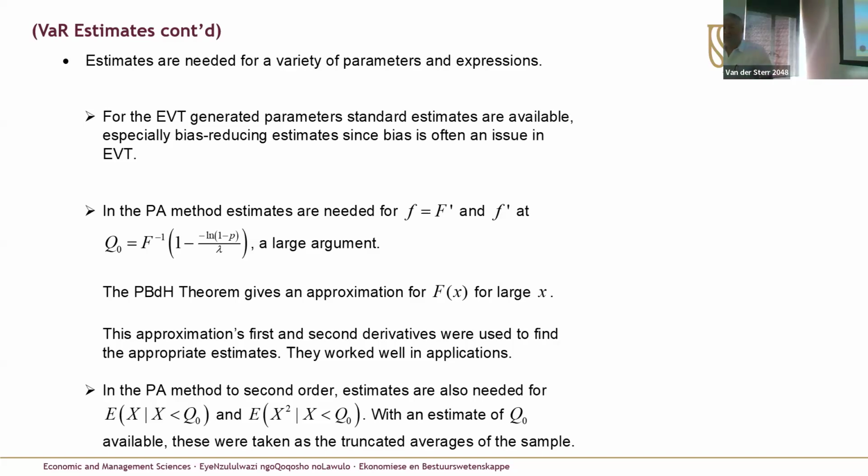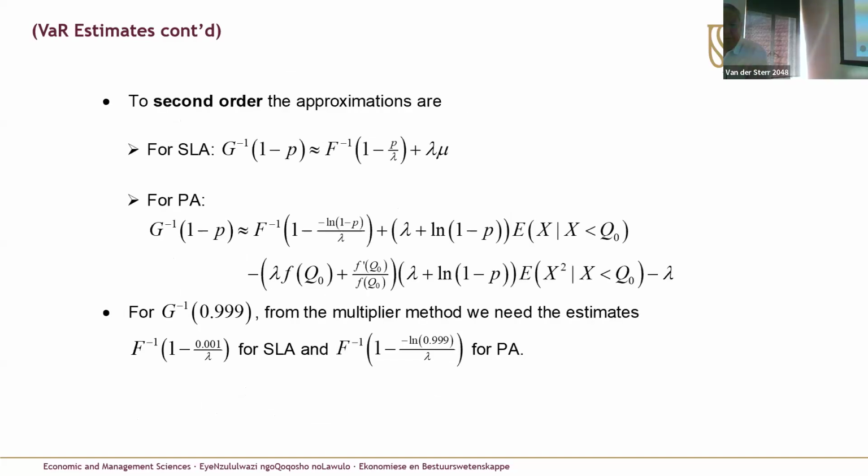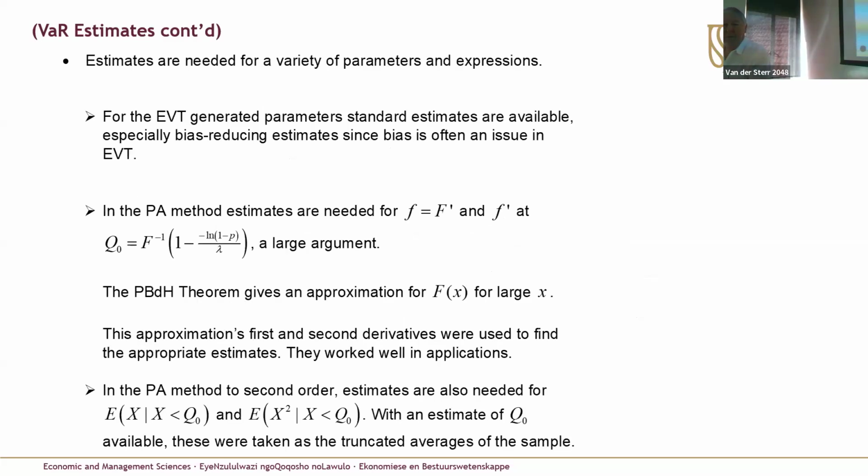On the other hand, in the perturbative method, you might have remembered, and I'll just go back. You see there sits an F there, and there sits an F prime over F. So in the perturbative second order, we need also little f and f prime.